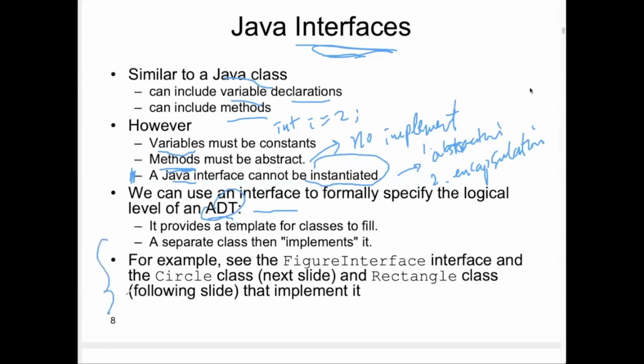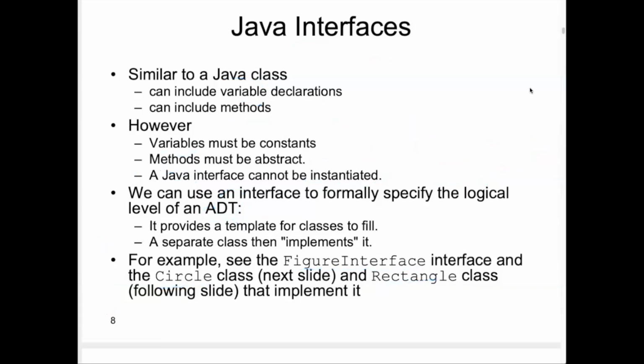Let's illustrate how a Java interface works in the context of abstraction and data encapsulation. We have an interface called FigureInterface. This figure interface cannot be instantiated. However, it can be implemented by concrete classes such as Circle and Rectangle. Both of these classes implement this interface in Java.